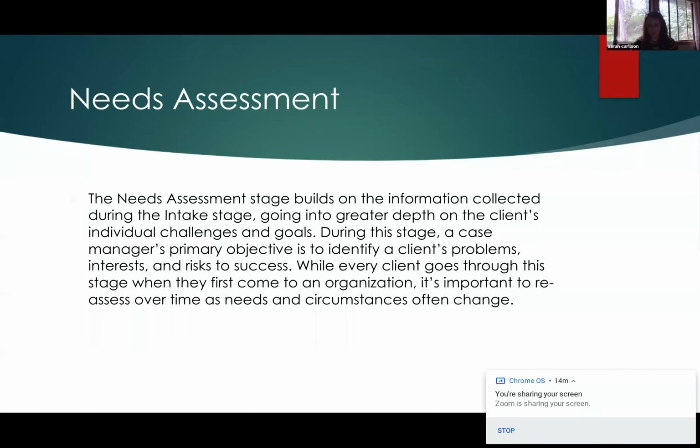Moving on to the needs assessment. So this is where we build on the information collected during the intake. So the example that I used earlier, we have a referral process. We make sure that folks are appropriate for treatment, and then we move on to the biopsychosocial assessment. So this is where we expand on the information that we've already had.